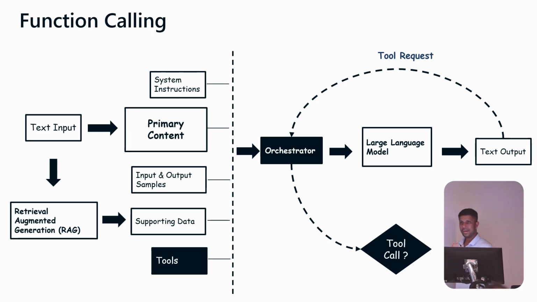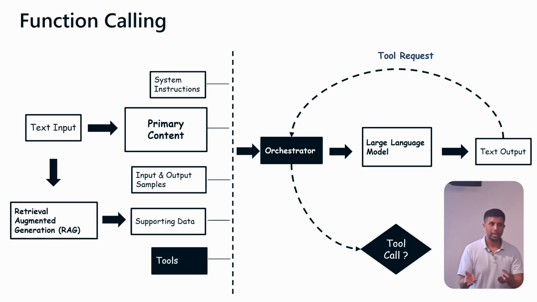So the model does not execute your function, but it actually returns a response saying that it needs to run this function, and it also populates the parameters that it would need the function to use. So if the parameters are not available, it keeps prompting the user to provide until it actually gets all the required parameter values.